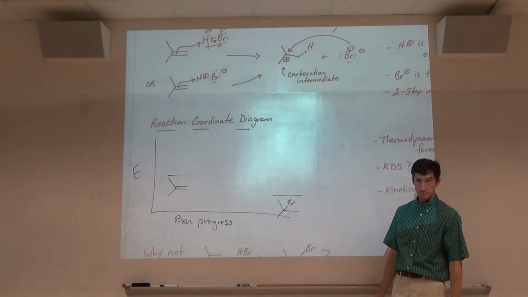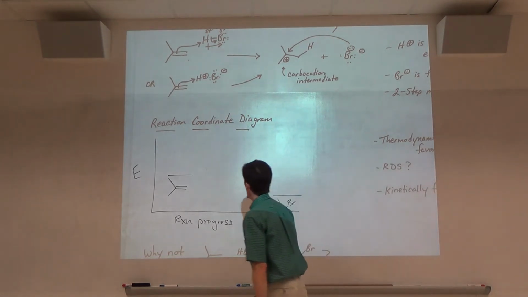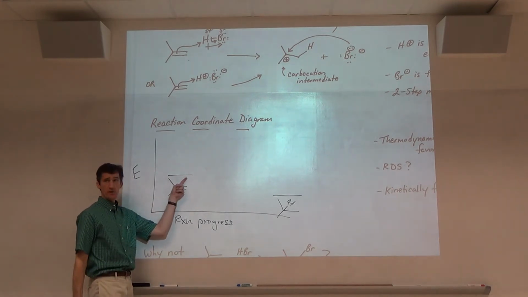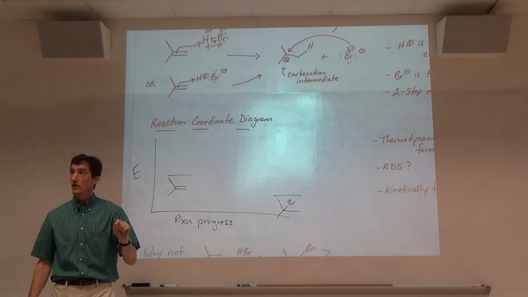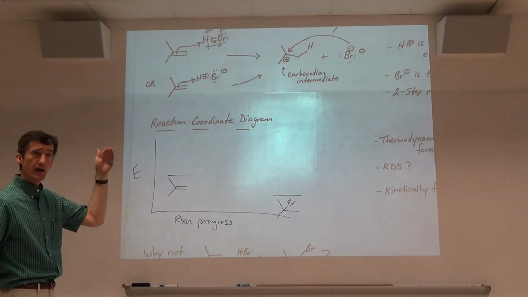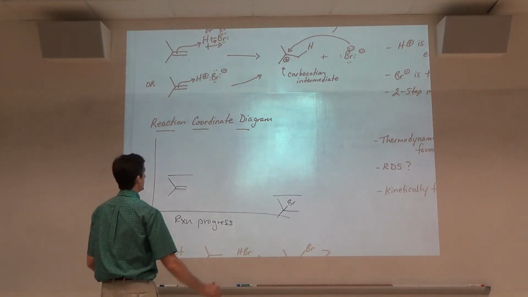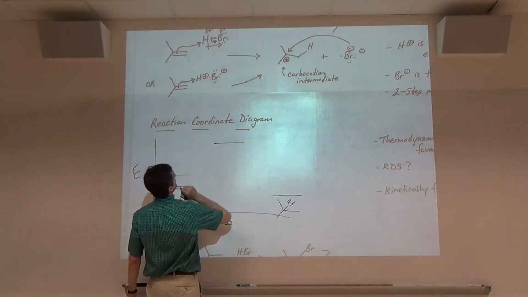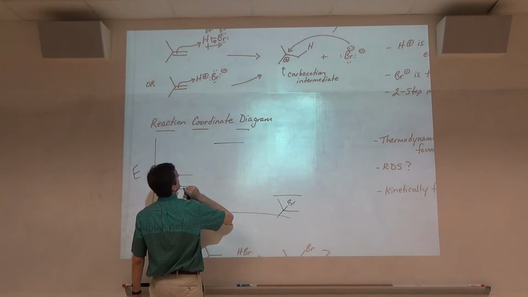How many intermediates do we form in this mechanism? One, carbocation. How's it going to sit compared to the starting material? Carbocation is charged. Since it's charged, it's going to be higher in energy. So I'm going to put it kind of up here. And this is our carbocation.